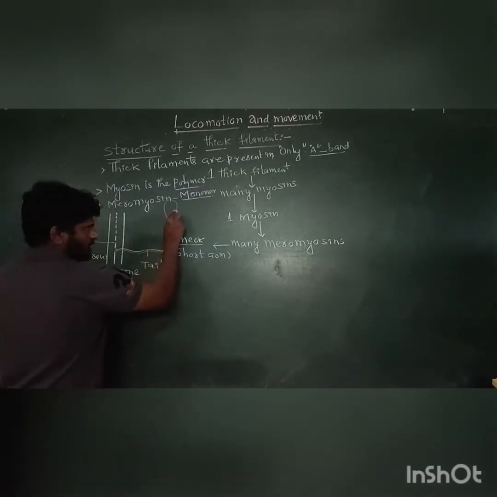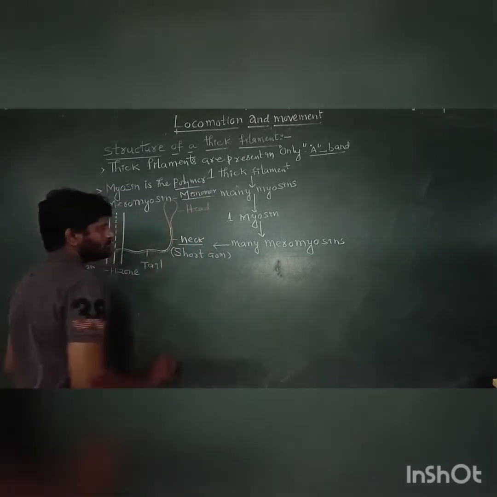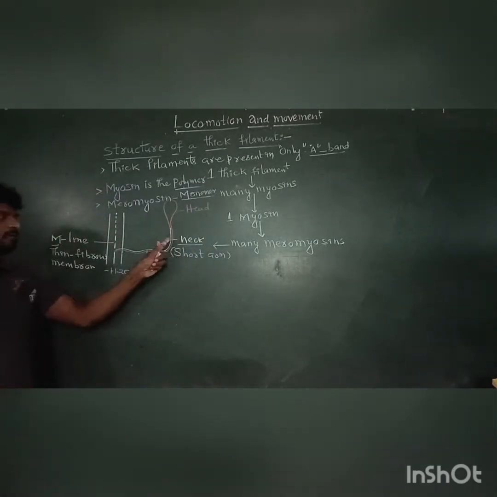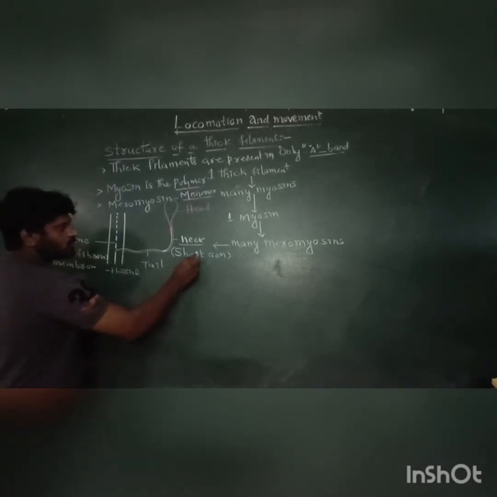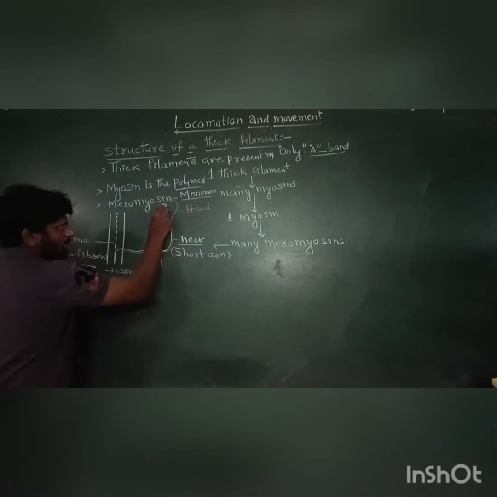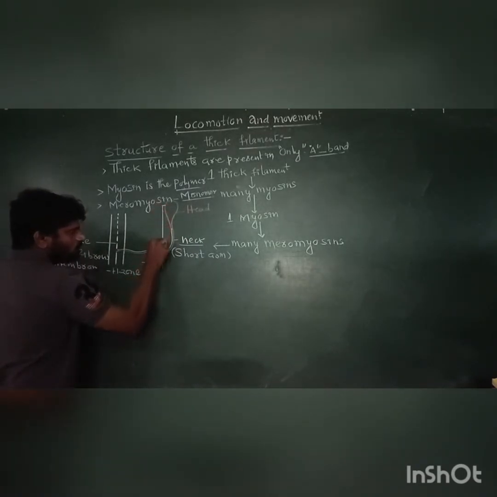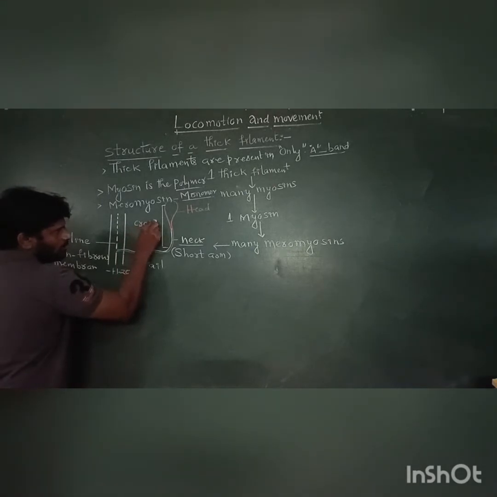This is the structure of a meromyosin: head, neck and tail, where the neck is also called a short arm, and head and neck together make the cross arm.